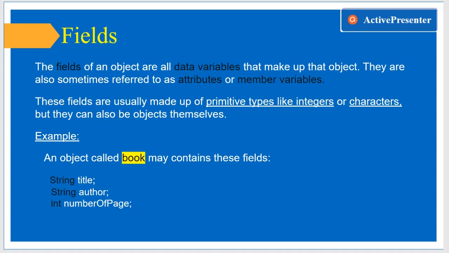Example, a book is an object that contains these fields: title, author, number of pages. Title is of type string, author is string, and number of pages is int, an integer.